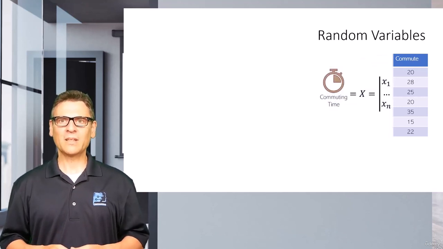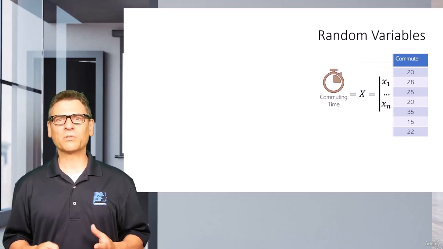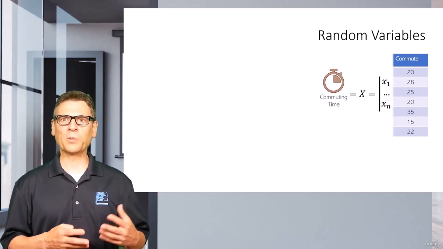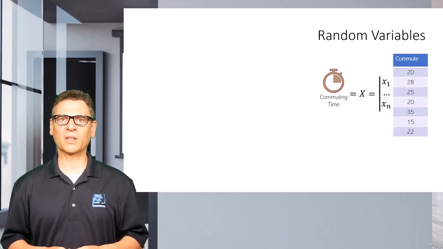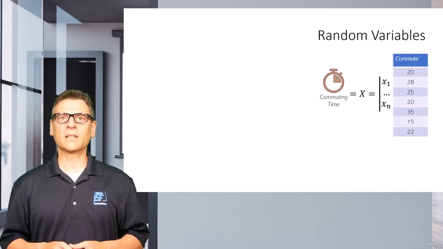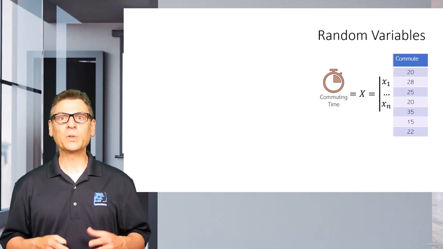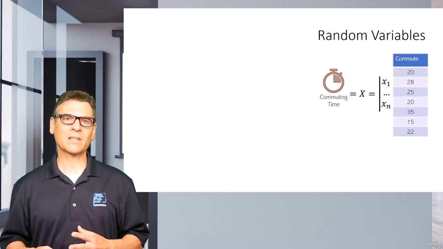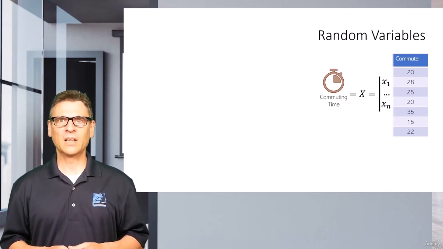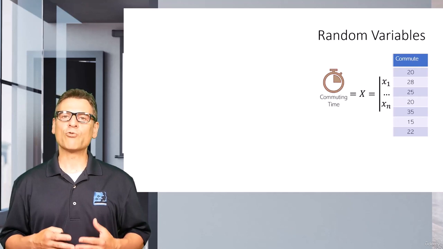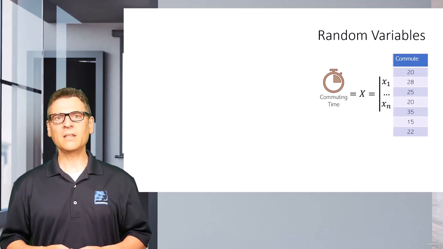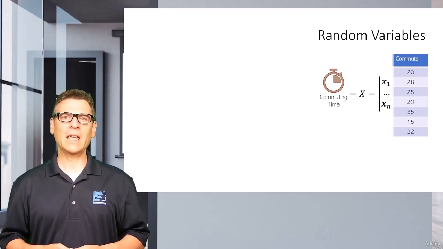Random variables in statistics are not the traditional variables introduced in a computer science or algebra class. In statistics, random variables are denoted with a capital letter like X, Y, and so on. They are used to represent random processes, in this case the commuting time, and generate numbers like probabilities.